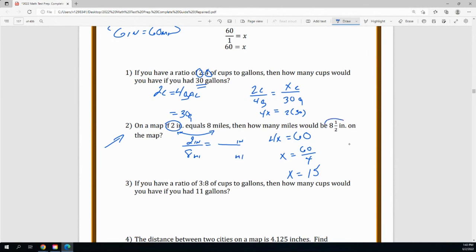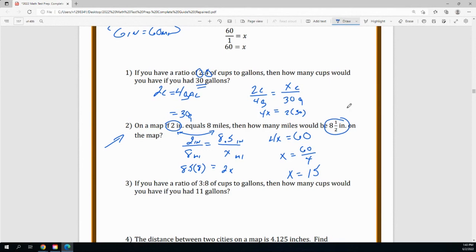The next number they give us is 8.5 inches. It has to go on top. You can put that as 8.5 over 1, or just 8.5, which makes it easier to put in the calculator. So we have 2 times x, and then we also have 8.5 times 8.